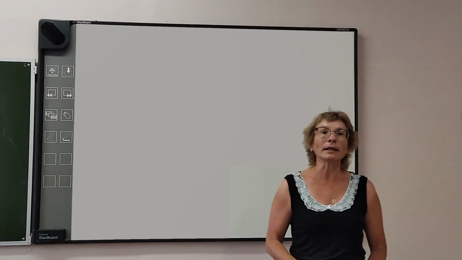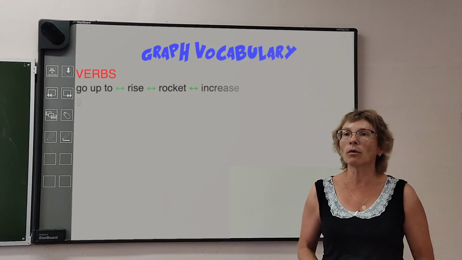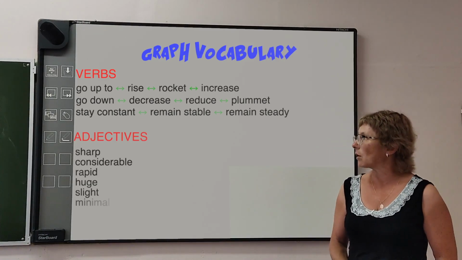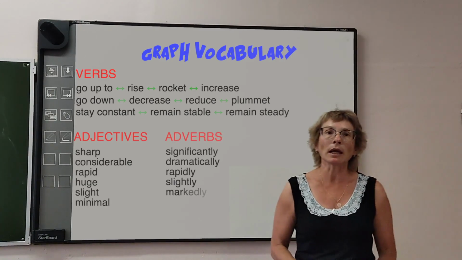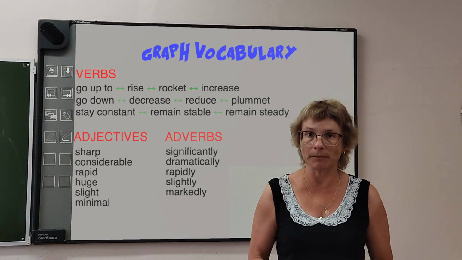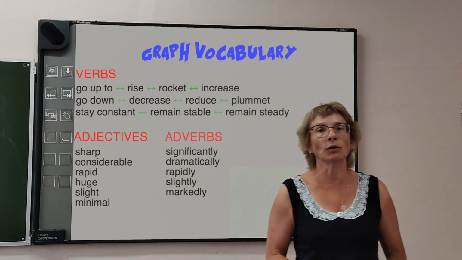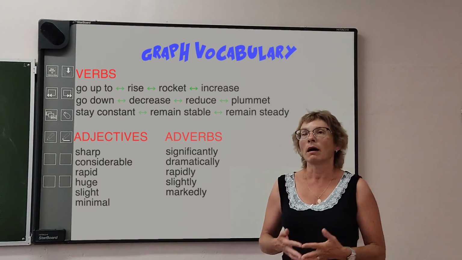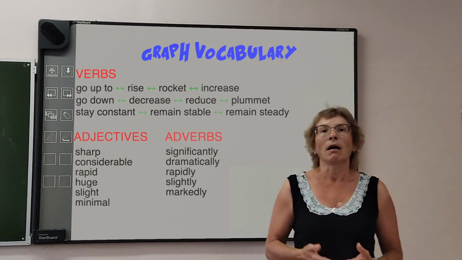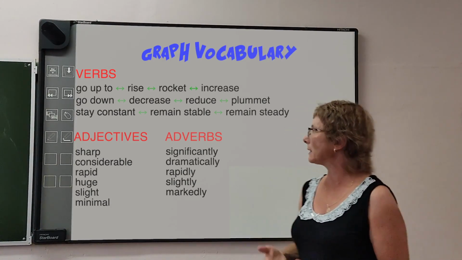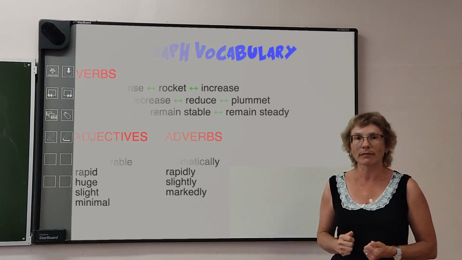Okay, and now when you are acquainted with some types of graphs, we can learn some graph vocabulary which you can use in your explanations. We will learn the most important verbs, adjectives and adverbs.